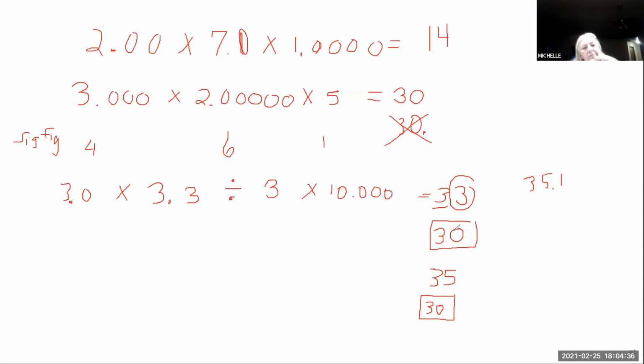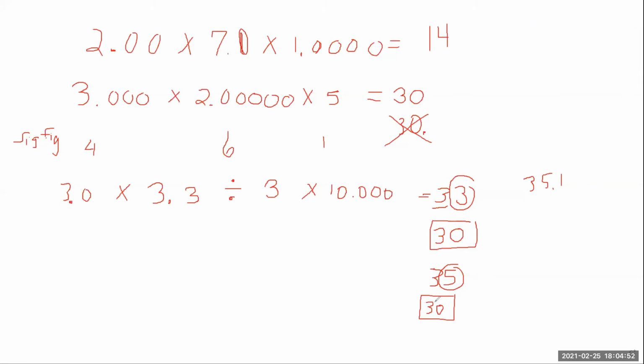In this case, if it was 35, we'd use that number there. It's 5 exactly. So what do we know about 5 exactly? You don't round up. You round down. Yeah, that's right. And if it was 35.1, what would it be if we only wanted one significant figure?